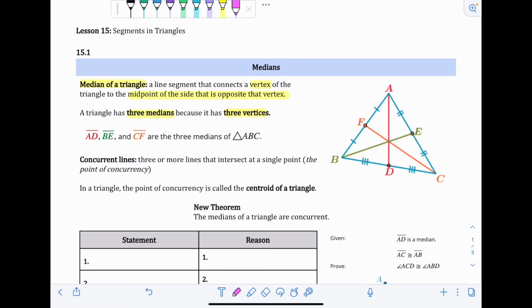So segment AD, segment BE, and segment CF are all the three medians of triangle ABC. AD was the first one, BE was this one right here, and CF was that third one.